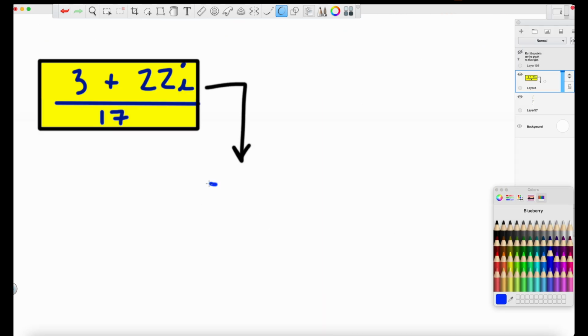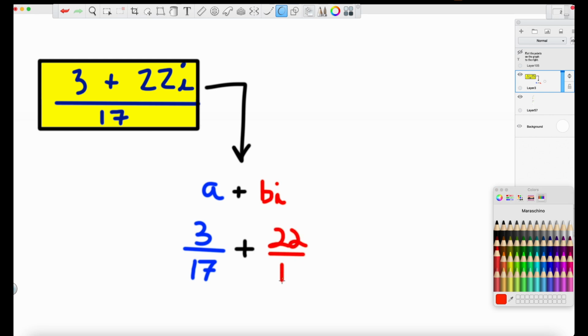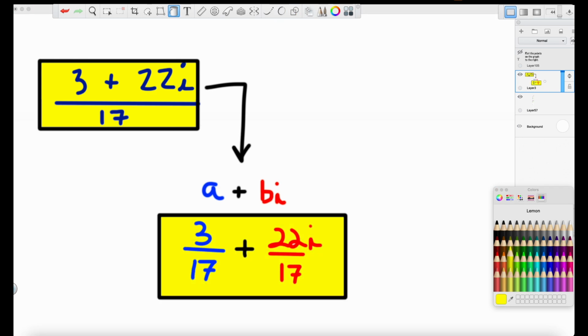So I'm just going to divide the 17 into the numerator, because our standard form is a plus bi. So that's going to be 3 over 17, and then plus 22 over 17 i. This is the better way to write it. If you write it the other way, it's not a wrong answer, it's just not the way that we typically want to show it if it asks for standard form.